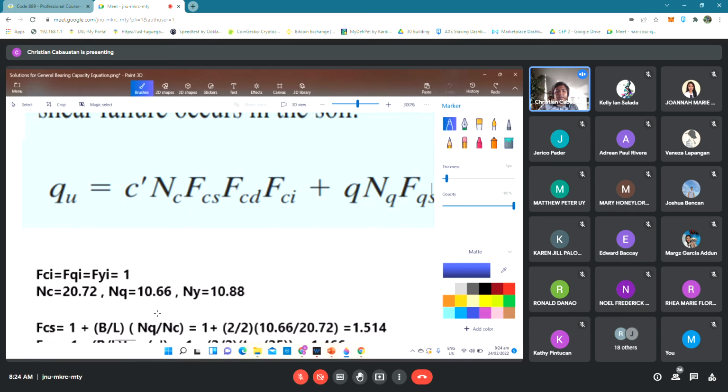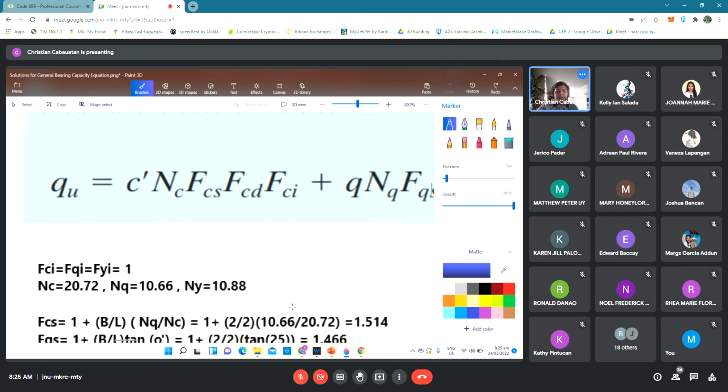Just input all the given data, and you will derive 1.514. There is no unit there because they cancel out.